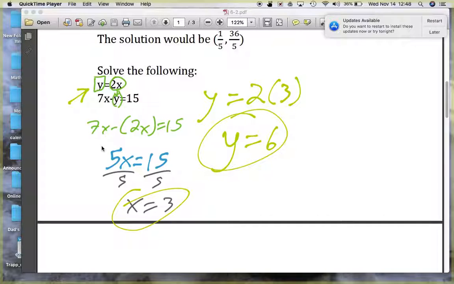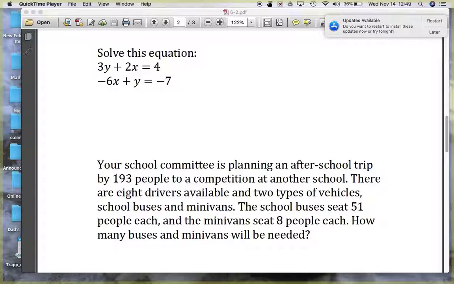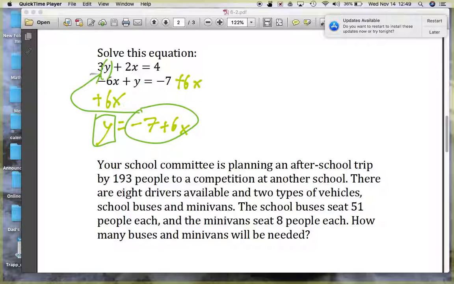Okay? We'll keep doing this. Now, if the variable is not alone, look at the equations, and you can see that there's a variable that is kind of alone. Well, to finish getting it alone, you can do this. Okay? So then, once it's alone, once again, I can do this.